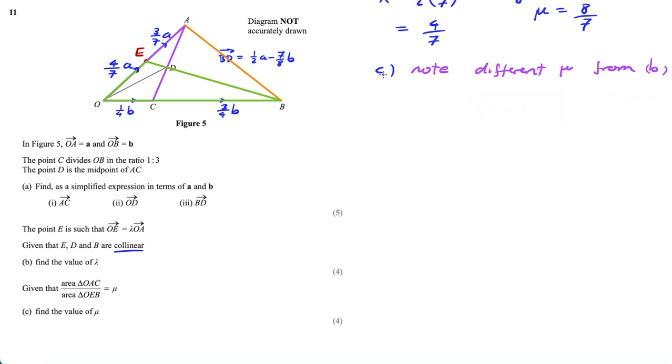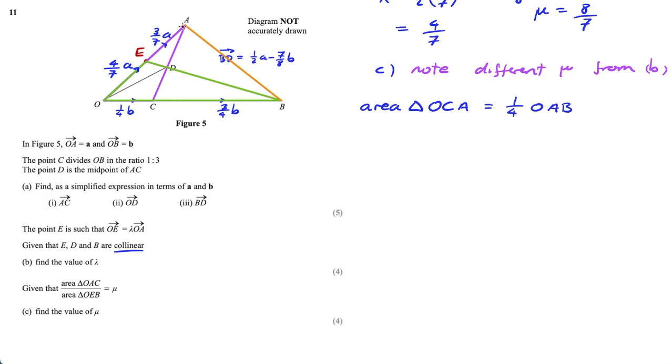Now if you look at this OAB triangle, I can say the area of triangle OCA is a quarter of the triangle OAB, because the height is the same.